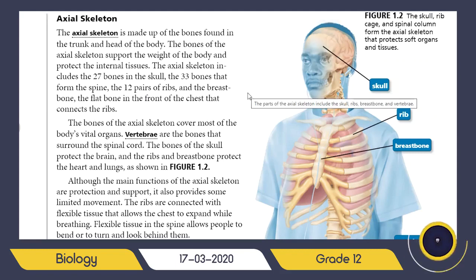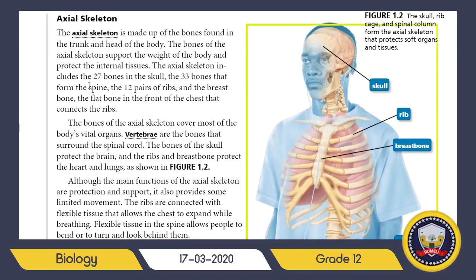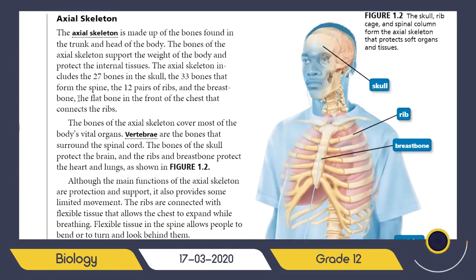So, how many bones does the axial skeleton have? Let's calculate. 27 bones plus 33 bones plus 24 bones, because of 12 pairs of ribs, plus one bone, the breastbone.